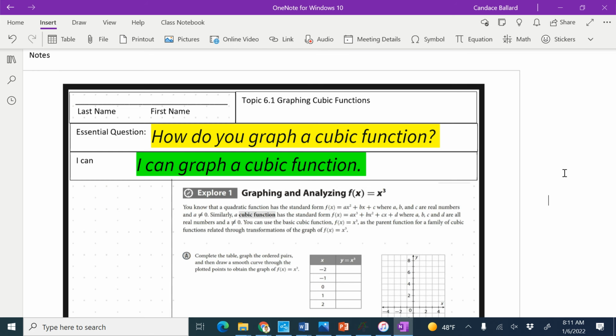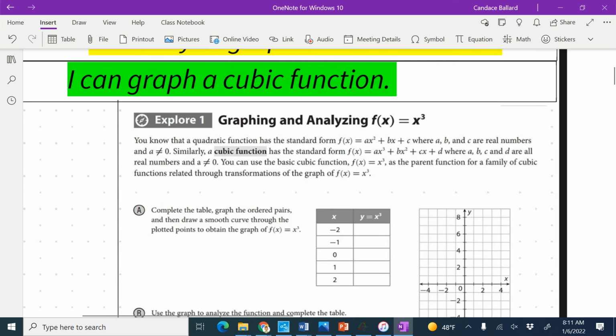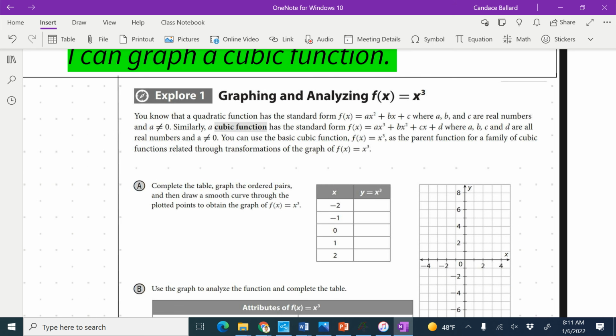And as we know, there are lots of different techniques that we're probably going to use, okay? All right, so take a minute to yourself. We're going to look at this explore really quick.